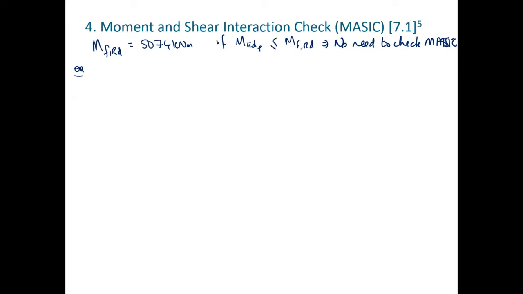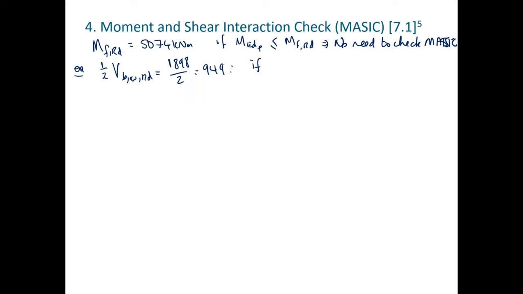Okay, and then we know that half the web shear resistance is equal to, so the web shear resistance is 1898 divided by 2, which is 949 kilonewtons.